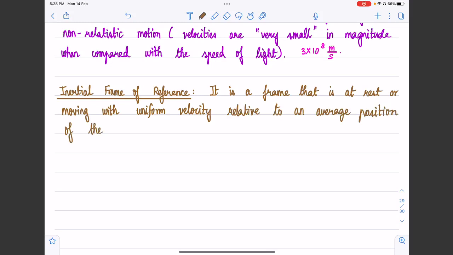Okay, so these are very vaguely defined terms, but it is okay for our application, right?